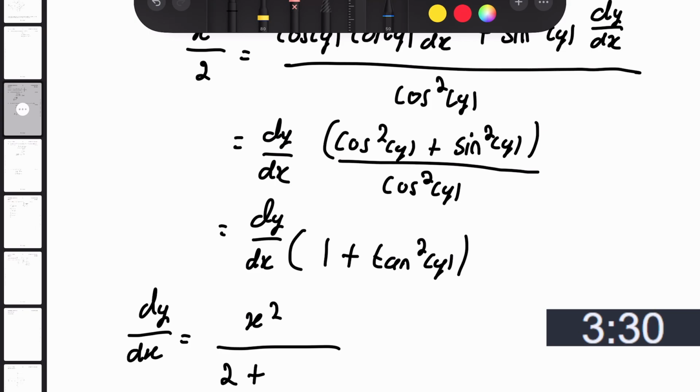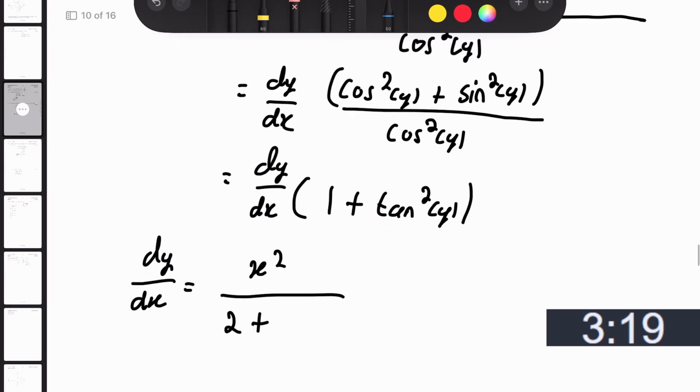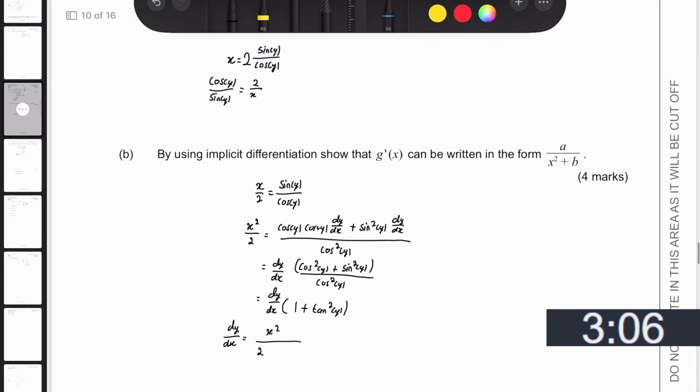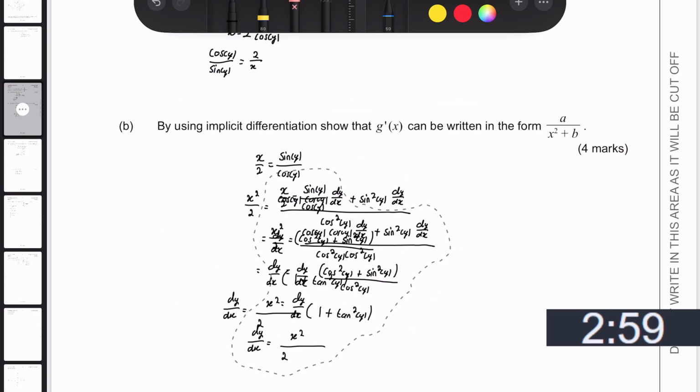Isn't that like secant squared or something? Secant squared of x. It's 2 secant squared. Why though? Not happening. Oh, sorry, not that.